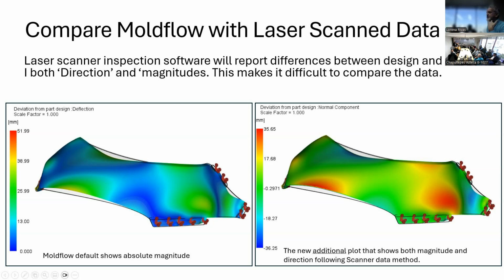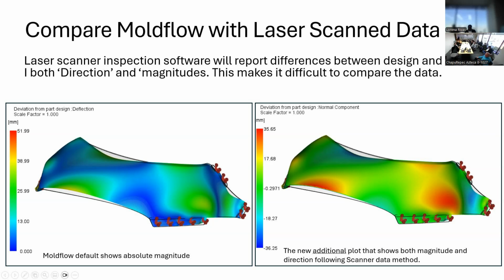And we're trying to create an additional plot to make this more similar to what they do in the laser scanning world. So in this particular case, you'll see there's a simple plot. The way we traditionally display this result, you will see the high and the low points, but the high points, where we have the most information, are always going to be in red.